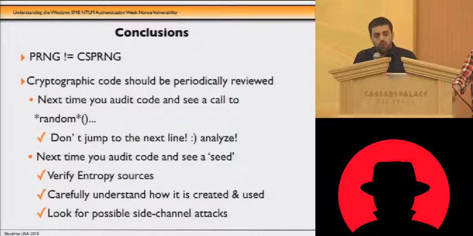You actually have to go into the function and analyze what it is doing. Don't ever assume that because they are calling random, even if it is a function provided by the operating system. RtlRandom is exported by ADVAPI32, I think, I might be wrong, as an API that a user can use, and it's also used in the kernel for other things that have nothing to do with cryptography. So be careful with that.